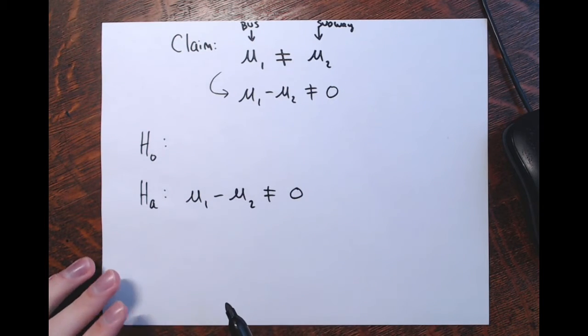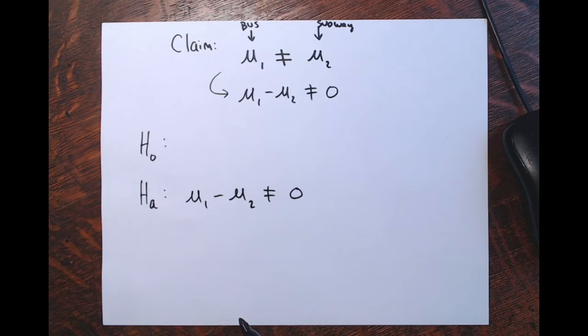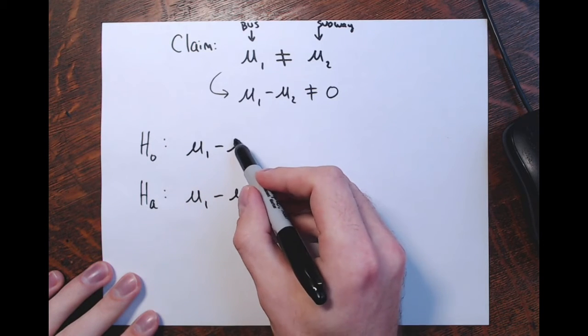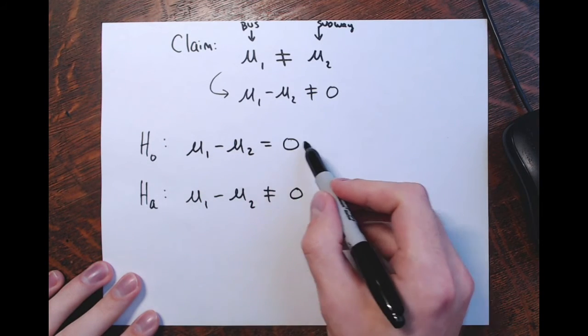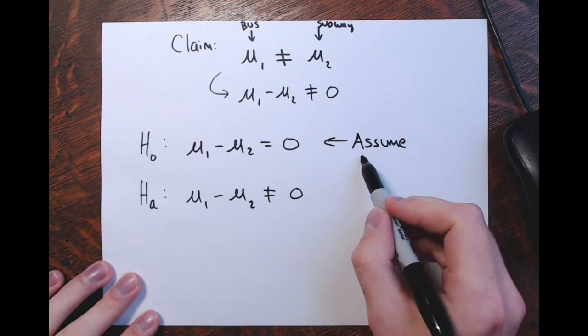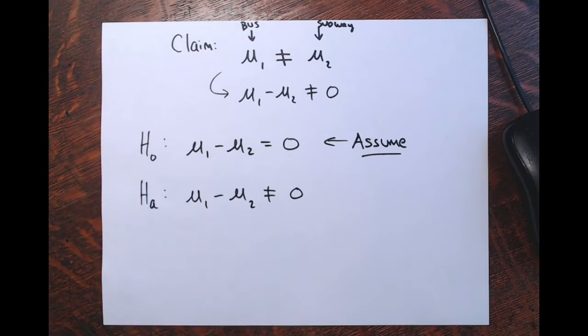Just that these average commute times for bus travelers and subway travelers are different. And then the null hypothesis would be that they're the same. You'd be assuming this in your test, that the average bus commute time and the average subway commute time were no different at all, that they were actually the same value. Their difference is equal to 0.